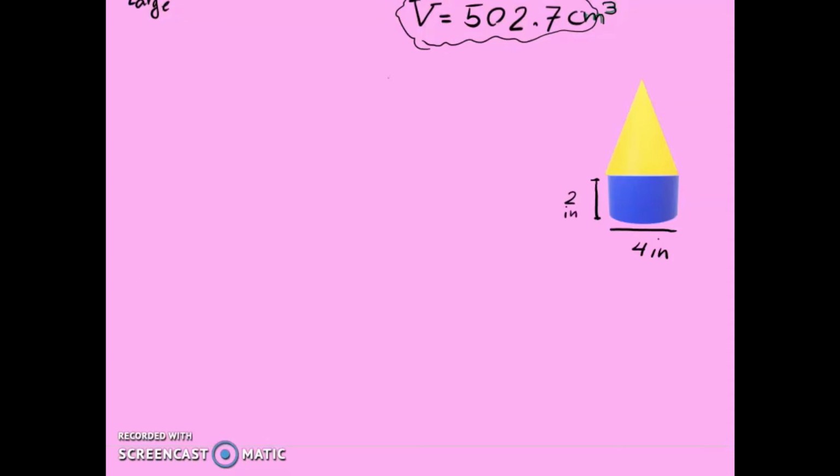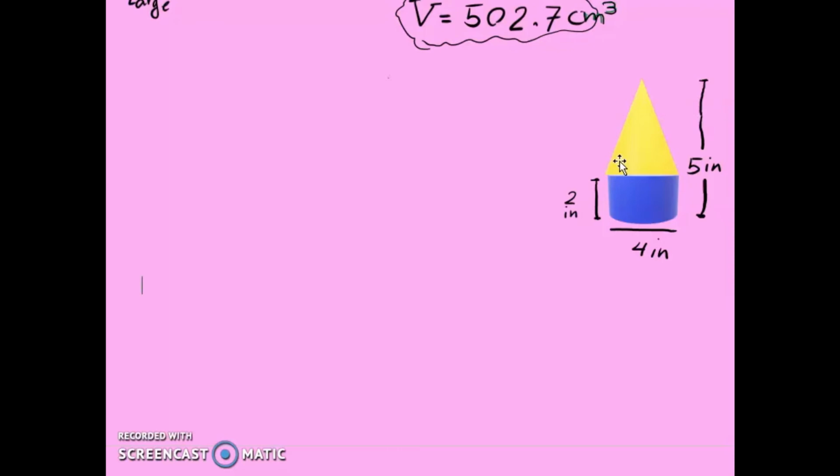And let the length from the tip of the cone all the way to the bottom of the cylinder be 5 inches. We are going to calculate the volume of this composite.